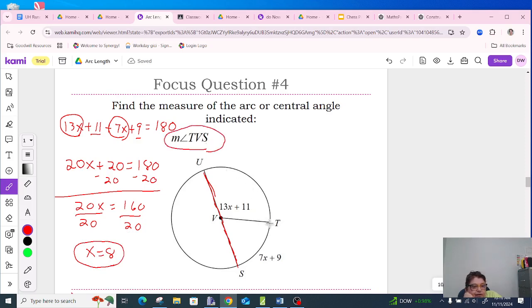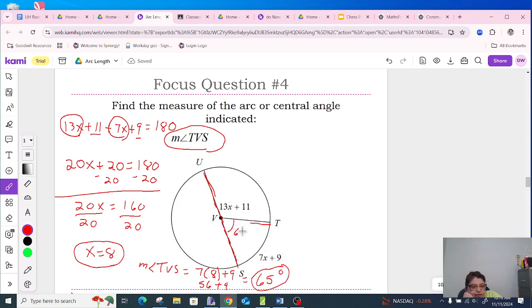I get TVS, which this angle and this arc measure would be the same. So if the measure of angle TVS would equal 7 times 8 plus 9, which is 56 plus 9, which is equal to 65 degrees.